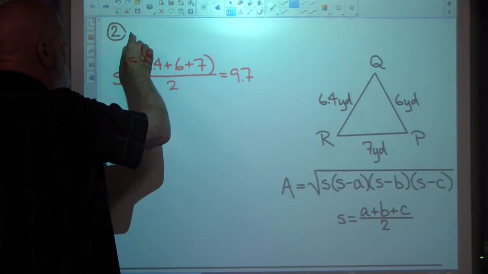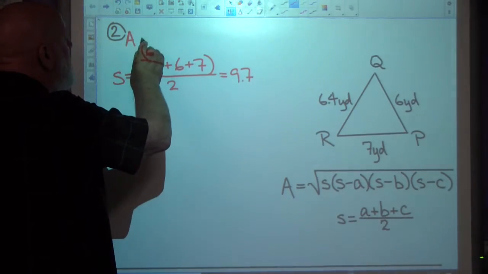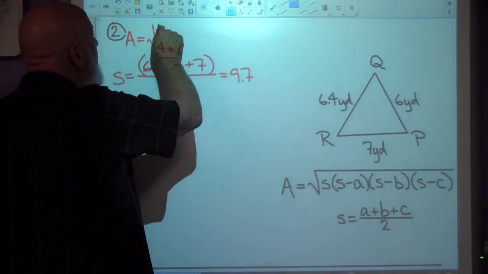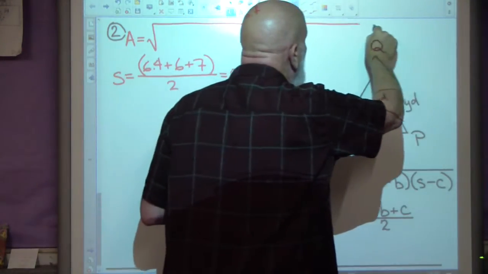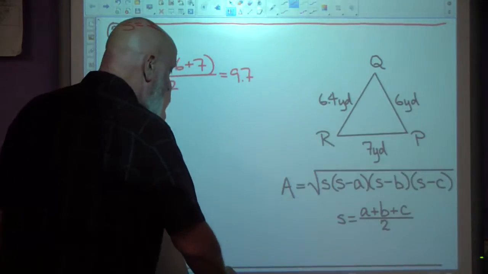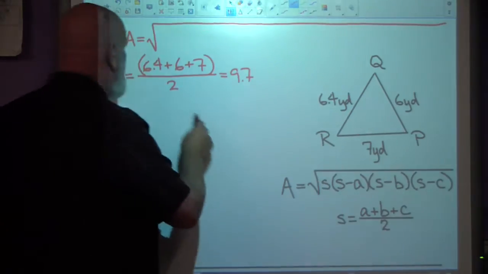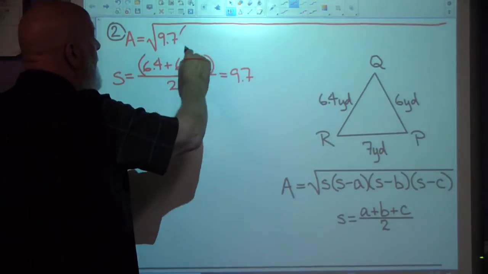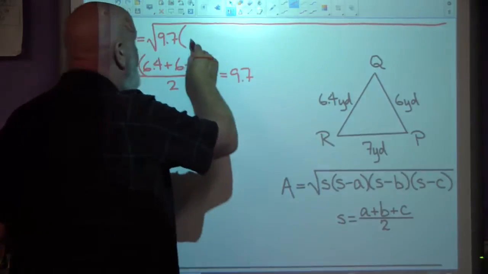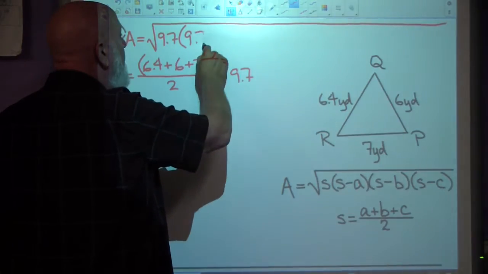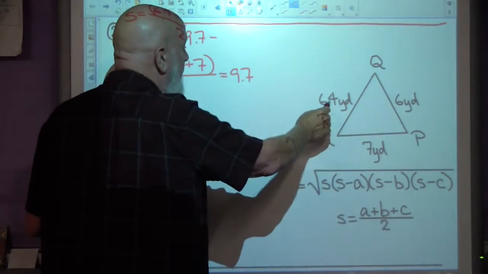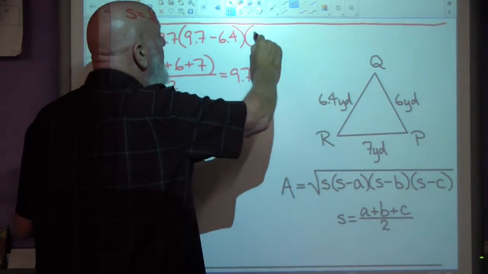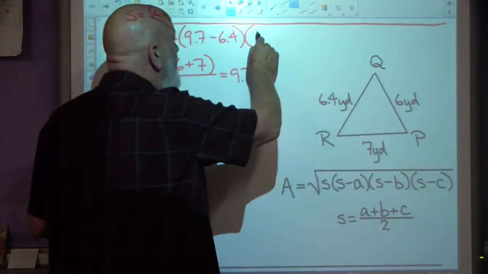So here we go. The area will be, there we go. S is 9.7 times 9.7 minus the first side, 9.7 minus one of the sides. There is no first side, but I'll say 6.4 times 9.7 minus a different side.